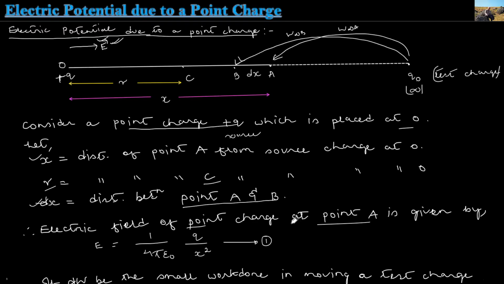Next, suppose we want to find the strength of the electric field. The strength of the electric field E up to point A is given by this expression. Then if you want to bring this charge from infinity up to point A, and again from infinity up to point B, and when the charge is located at B you want to move it again very close to point O, you have to do a certain amount of work.